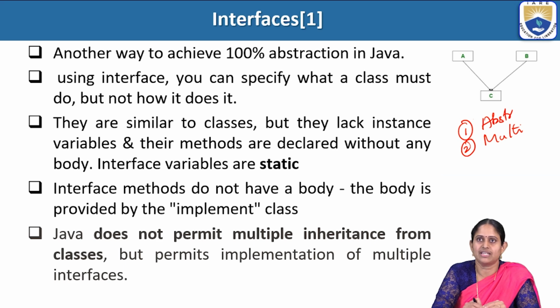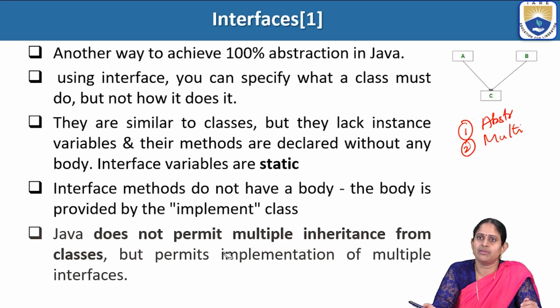When we use abstract classes, it will provide only partial abstraction, but interfaces provide complete abstraction. That means all the methods in an interface are always abstract. They don't have any implementation for those methods.